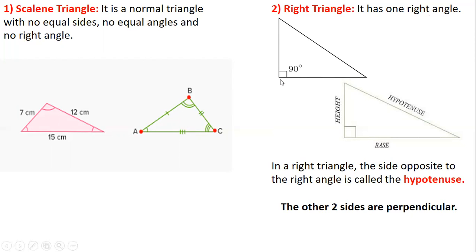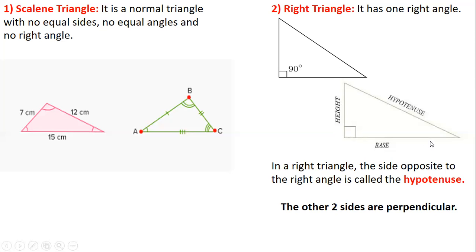So this triangle that we see here is a right triangle since one of its angles is 90 degrees. And if we add this angle with this angle, both are 90 degrees, because in a triangle, all the angles add up to 180 degrees.